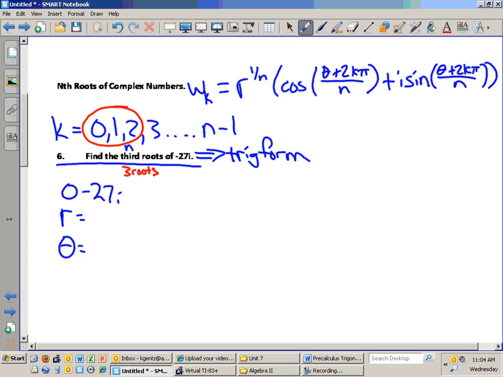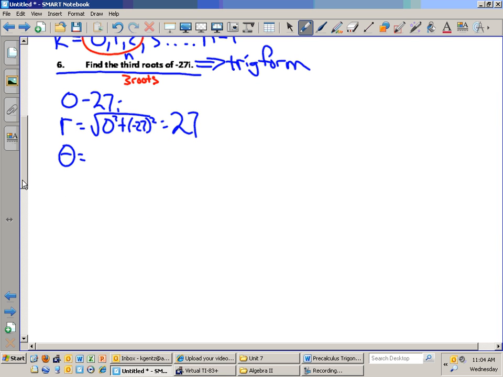I find r by going the square root of a squared plus b squared. So r is equal to the square root of a squared, which is 0, plus negative 27 squared. You know what that comes out to be? 27. And then when we find theta, tangent of theta is equal to b divided by a, right?